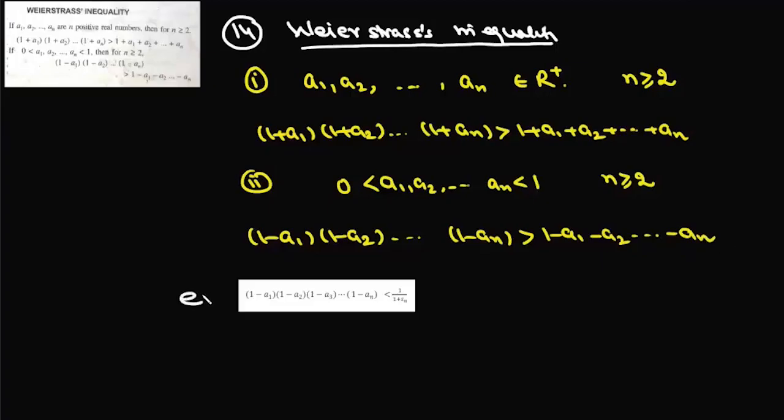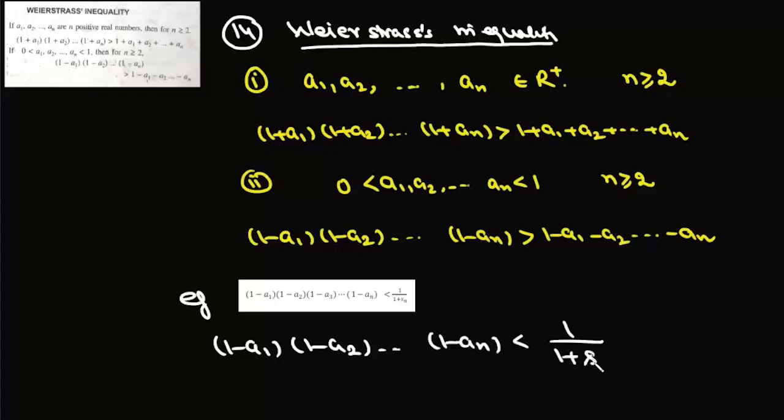Now let us take up an example, and it says we have to prove that (1 minus a1) into (1 minus a2) up to (1 minus an) is less than 1 upon 1 plus Sn, where Sn is the sum of all these numbers a1 plus a2 up to an, where each ai lies between 0 and 1.